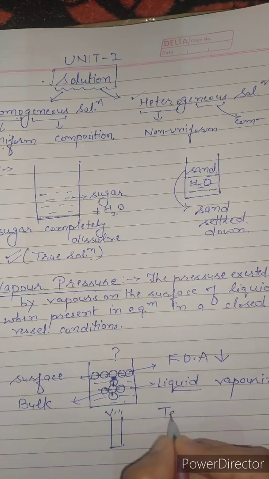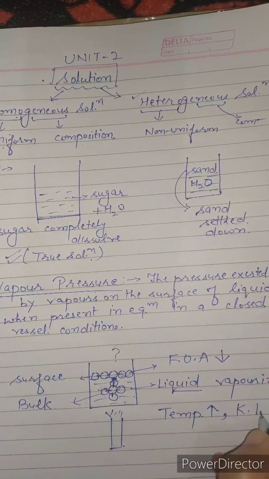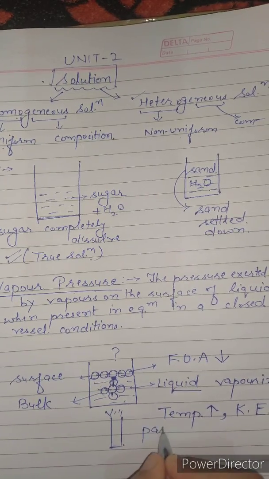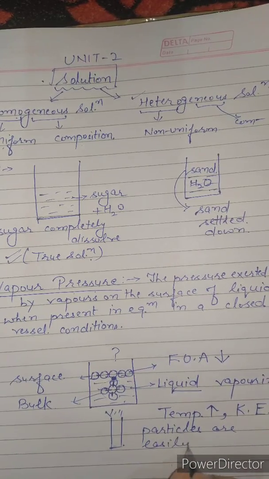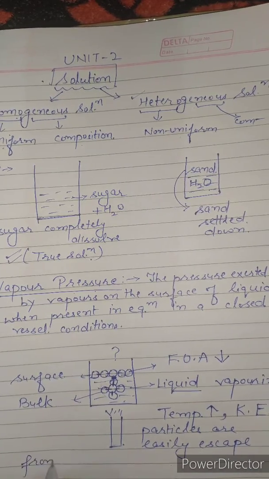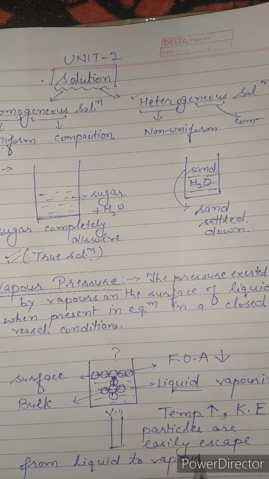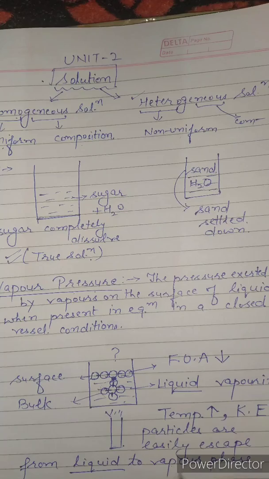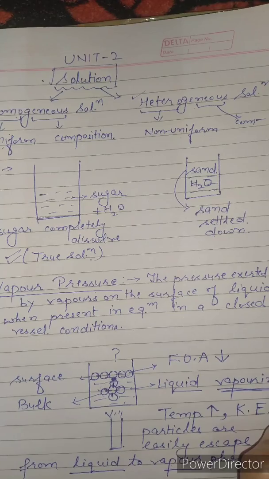And when we heat the liquid, there is an increase in the temperature. With increase in temperature, there is an increase in the kinetic energy of the particles. As a result, particles easily escape from liquid to vapor phase, and that process of conversion of liquid into vapor is known as vaporization.